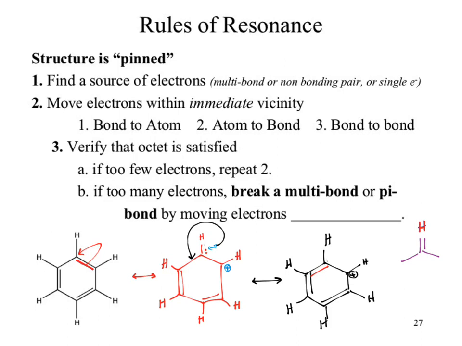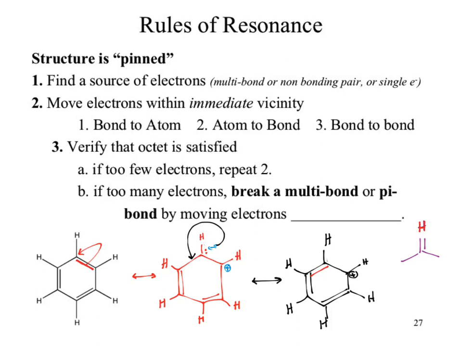If there's only one multiple bond, I've exceeded the octet, I'm going to break that multiple bond by moving the electrons where? Yeah, to the carbon, away from the exceeded octet atom, which would thereby invalidate the move to make the pi bond anyway. Does that make sense?